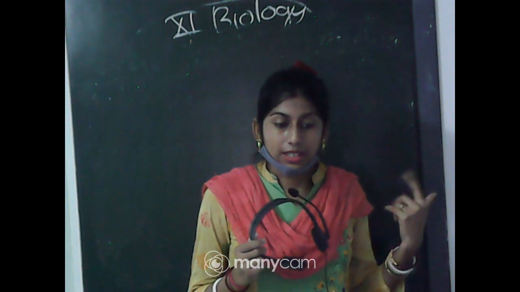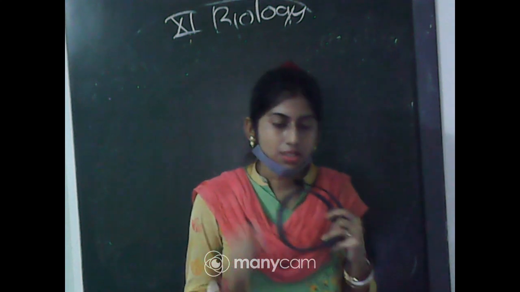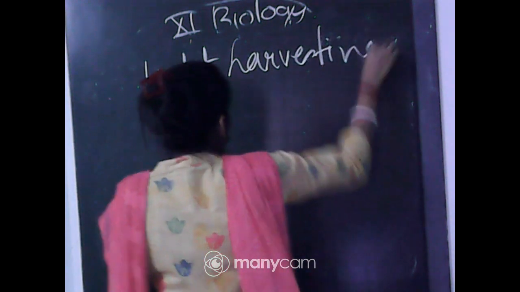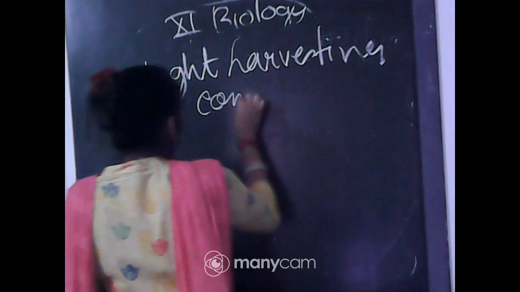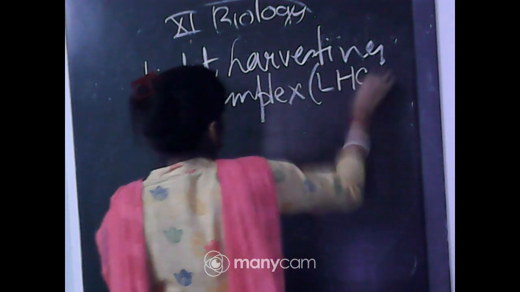You can see that some high energy chemical intermediates are forming. For this the light reaction is called the photochemical reaction, and some photosynthetic pigments are organized into the light harvesting complex.